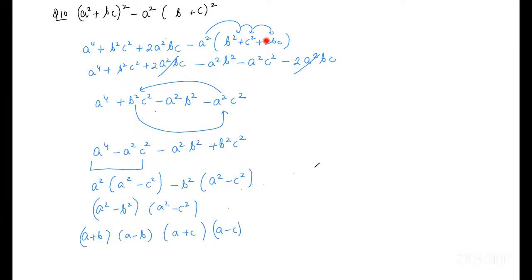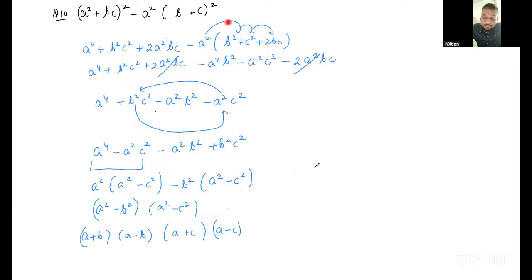Now this minus a square will multiply with all the trinomial terms. Three terms are there. So minus a square will multiply all the terms. Remember, when we multiply by minus, the minus in the term becomes plus and the plus becomes minus. So everything that is plus becomes minus: minus a square b square, minus a square c square, minus 2a square bc.